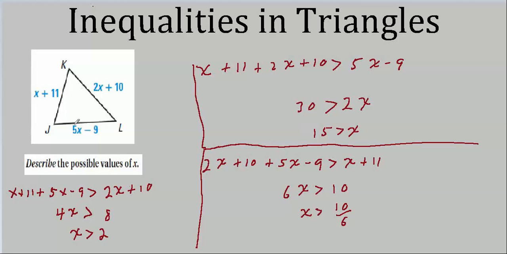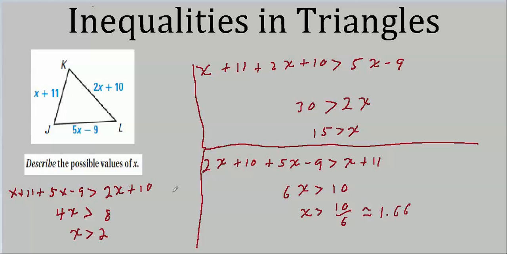Well, for this to work, all these have to be true. X is greater than 2, x is greater than 10 over 6, and x is less than 15. Oh, cool. We do have a range. That's what I was hoping for. This one says x has to be greater than 2. So this being, I don't know, approximately 1.66, I think, this is greater.